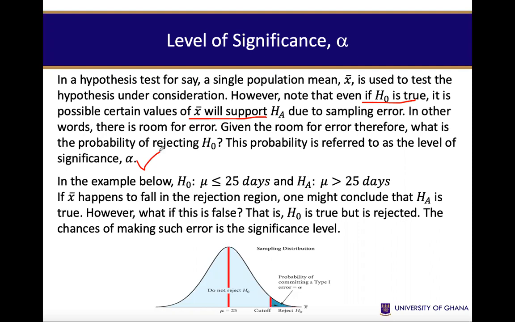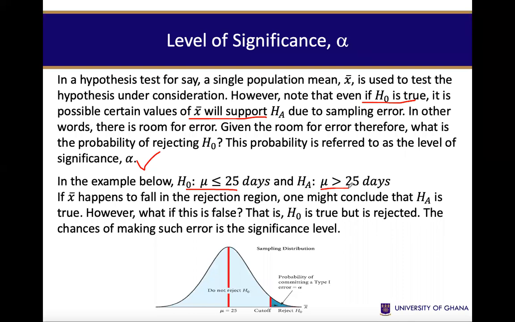we want to find two things. We would see what we call the rejection region, and then we would also see what we call the acceptance region. In this example, we have mu less than or equal to 25 for the null, and mu greater than 25 for the alternate.